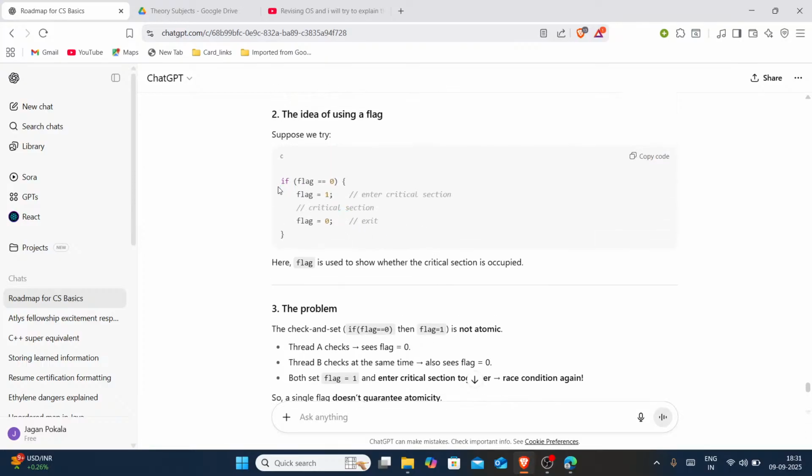Let's say thread A comes and sees flag equals 1 and it enters the critical section. Now thread B comes and sees, okay, he's in the critical section, I won't enter. After the second step, thread A sets its flag to 0 and again tries to enter the critical section by checking flag equals 0, and it says yes, I'm open.